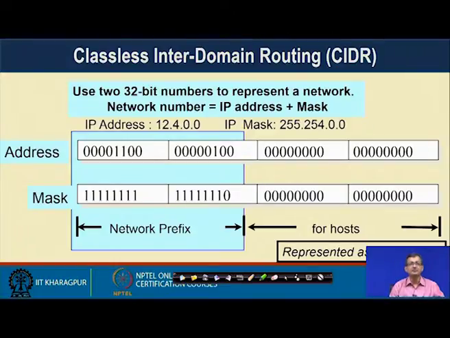And then we have also seen classless interdomain routing, where instead of classful addressing we represent by an IP mask of any variable length, again followed by ones and then zeros. Here we say 12.4.0.0 with a mask of /15. So the first 15 bits represent the network address and the rest represent the host.